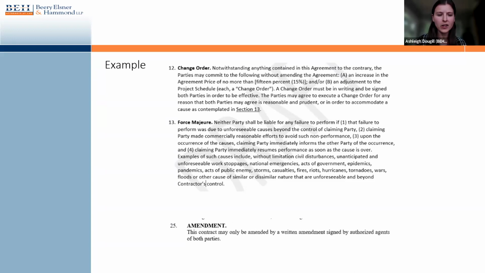You have various types of instances that qualify as force majeure, such as civil disturbances, acts of government, epidemics, storms, casualties, fires, etc. The list goes on. The first sentence there just further quantifies and qualifies what can or cannot be considered a force majeure event.